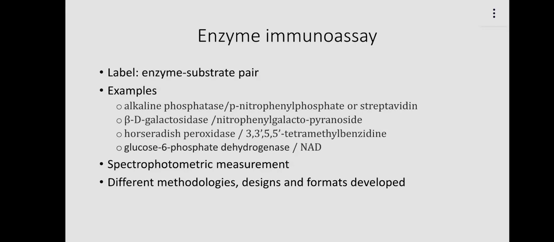We have horseradish peroxidase with 3,3',5,5'-tetramethylbenzidine as the substrate, and glucose 6-phosphate dehydrogenase with NAD as a substrate. These ones can be used with spectrophotometric measurements because the products absorb at different wavelengths.